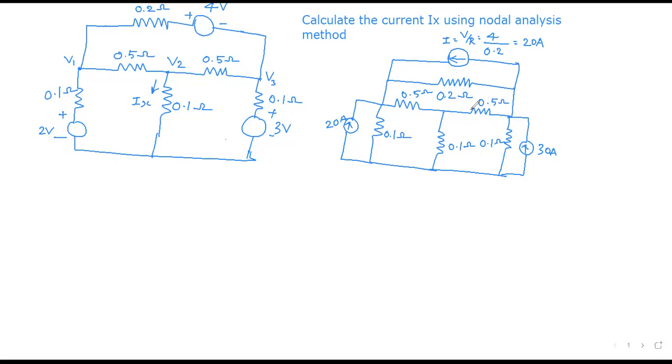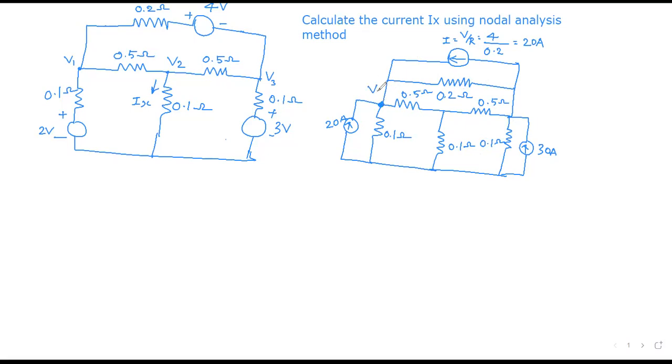Afterwards only can we start doing the nodal analysis. So again I repeat, for nodal analysis, before going to solve the problem, please ensure that all the sources are current sources. Then only can we apply Kirchhoff's current law. Look at this diagram, we have three nodes here.